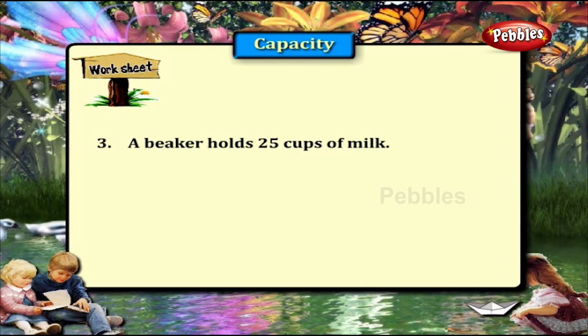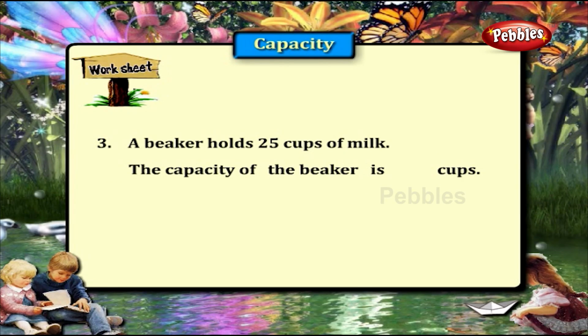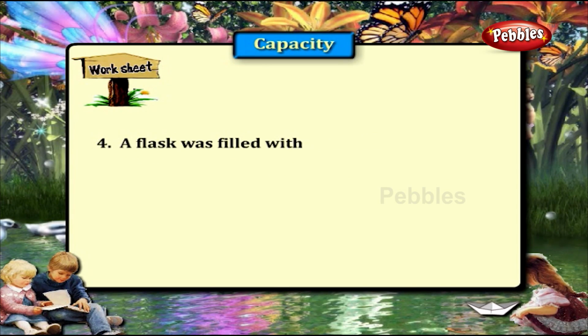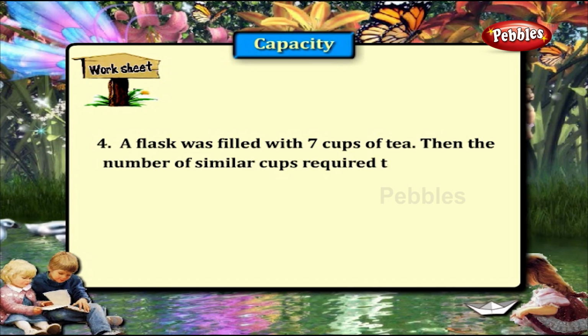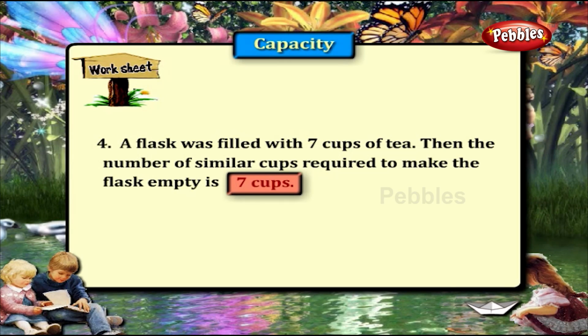A beaker holds 25 cups of milk. The capacity of the beaker is 25 cups. A flask was filled with 7 cups of tea. Then the number of similar cups required to make the flask empty is 7 cups.